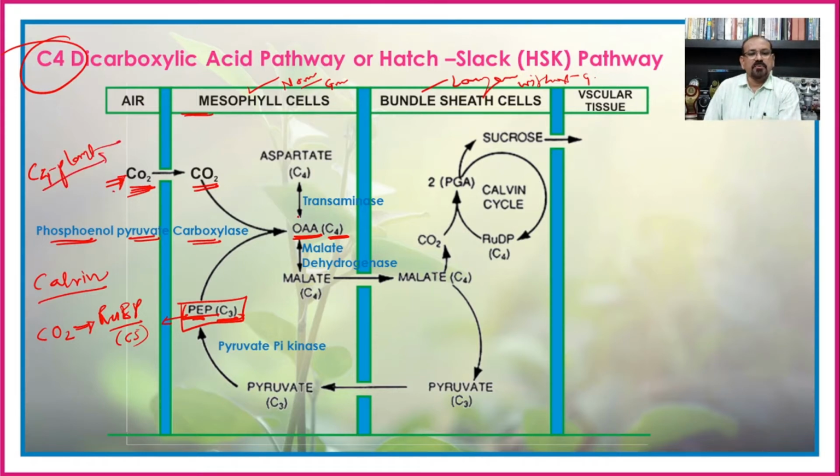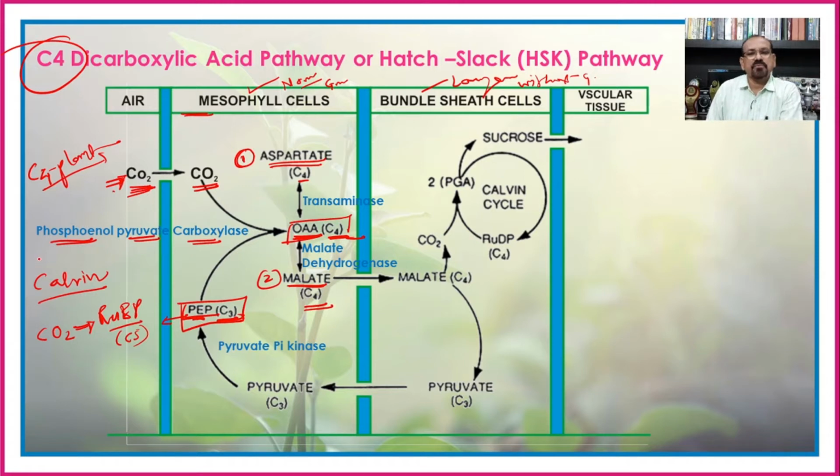Now, after formation of this oxaloacetic acid, it equilibrates into two different components. One is aspartate or aspartic acid, which is again a 4-carbon compound, and the second is malate or malic acid, which is again a 4-carbon compound.